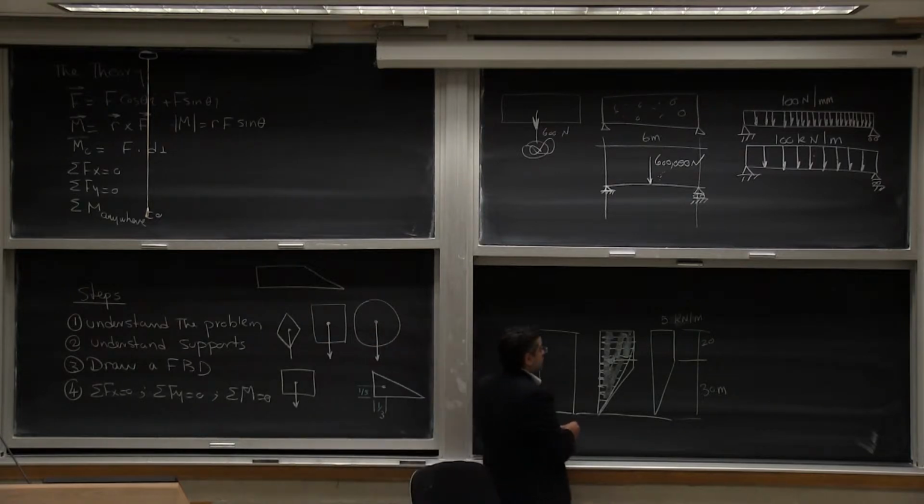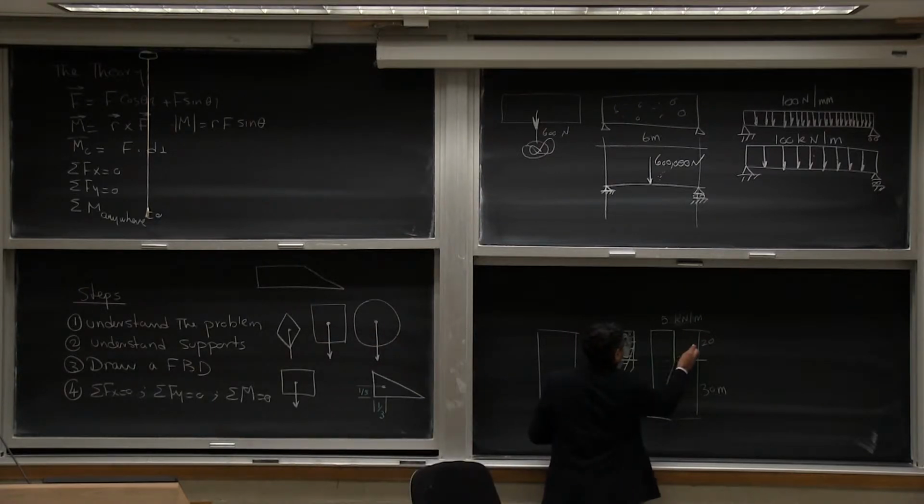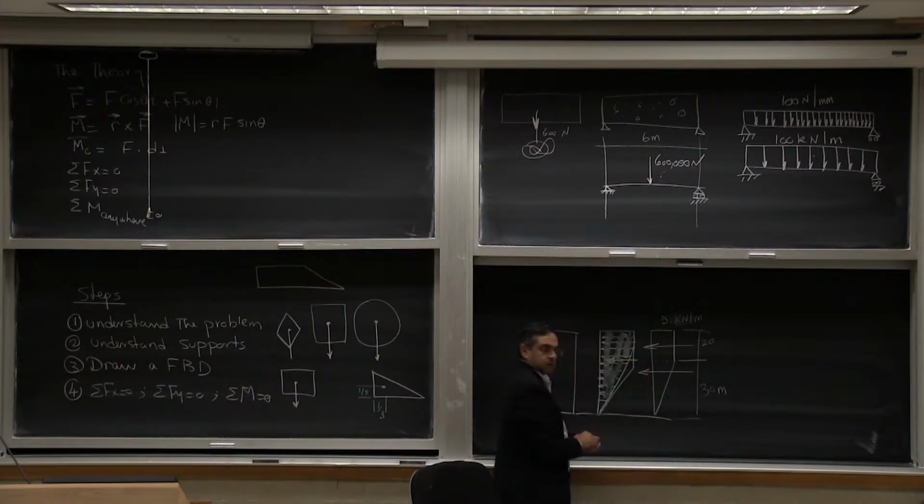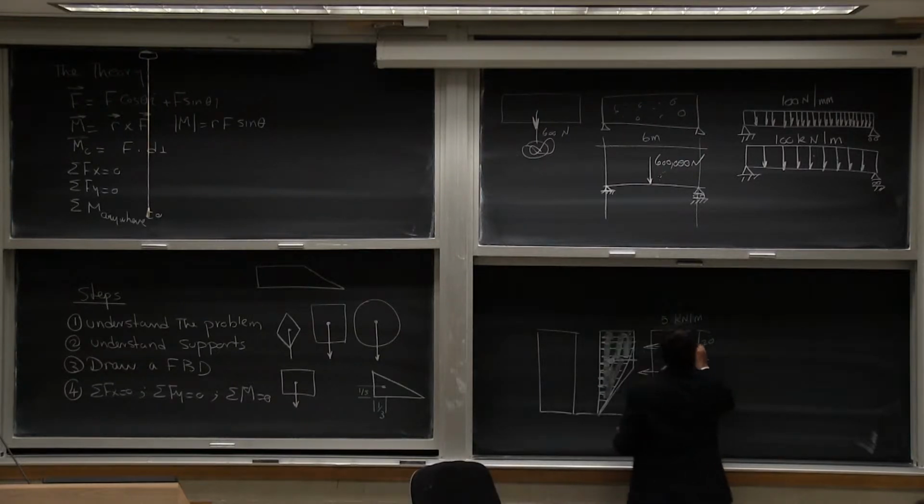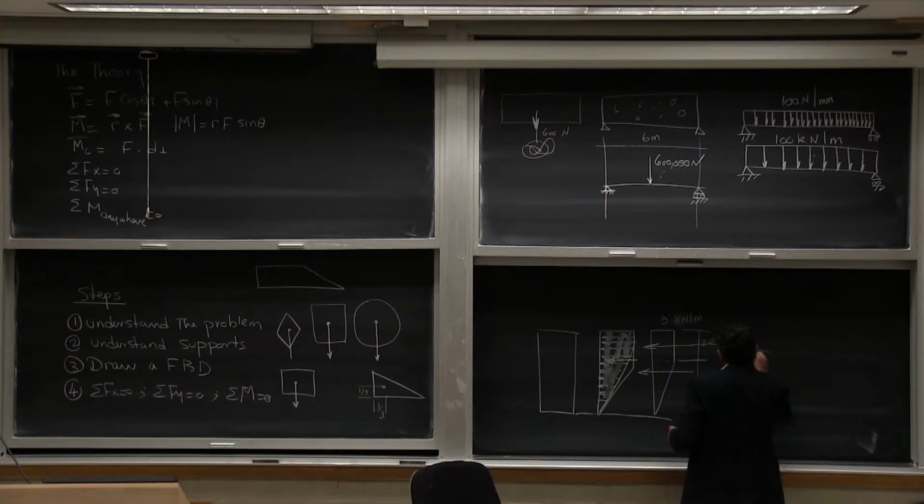I divide it into 2 forces, one here and one here. This force will be in the middle of the 20, so that means it's 40. And this force will be at 2/3 of the 30, so it will be at 20.